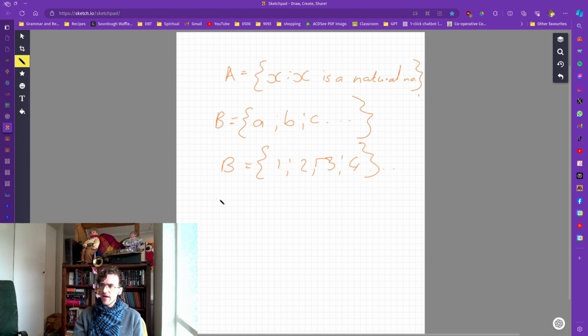Then we could also have C where X is greater than or equal to A, and X is less than or equal to B. So it's somewhere in between that. And this would also be an example.